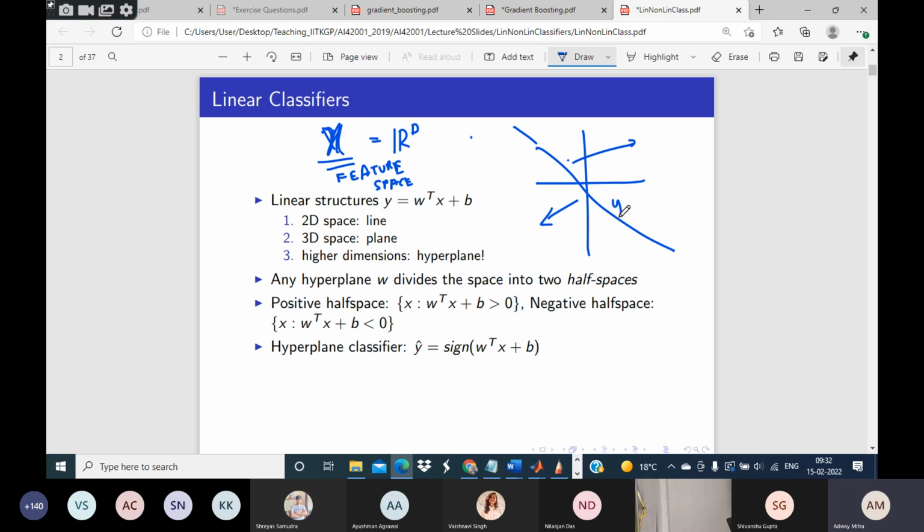So this is a line in the 2D space, and we can write it. As you know, the equation of the line is something we usually write as ax plus by plus c is equal to 0. This is the standard way of writing the equation of a line.